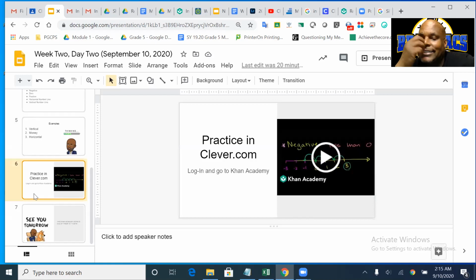We're going to practice in clever.com by logging into Clever, logging into Mr. Bradford's classroom, and then logging into the Khan Academy section of Clever. It's going to link you to Khan Academy. And in Khan Academy, you're going to have some activities that are going to be due on Friday night.